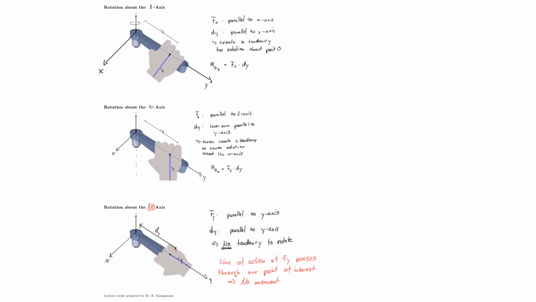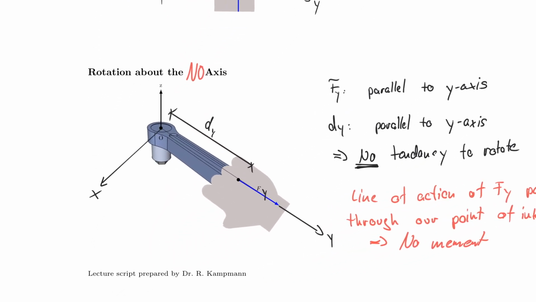Let me follow that up with one last thing here on the bottom. If, for example, I were to weld something to my wrench here, let's say I weld an extension to it here, and of course you have to imagine that the hand is gone there, it's welded to the system now, and now I'm going to add the force Fy, but I make it attack here.